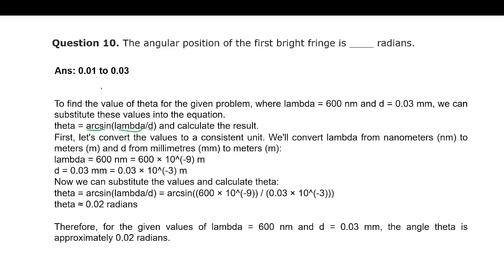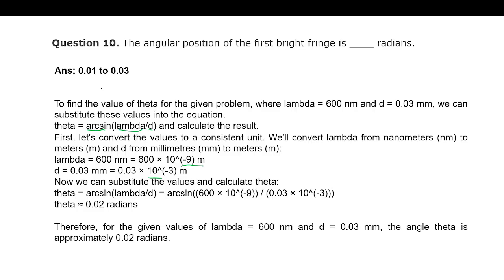First, let's convert the values to the same unit. We will convert lambda from nanometer to meter and d from millimeter to meter. Then lambda will become 10 to the power minus 9 meter, and d will become 10 to the power minus 3 meter.